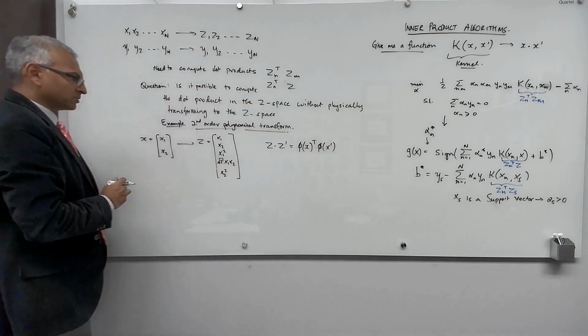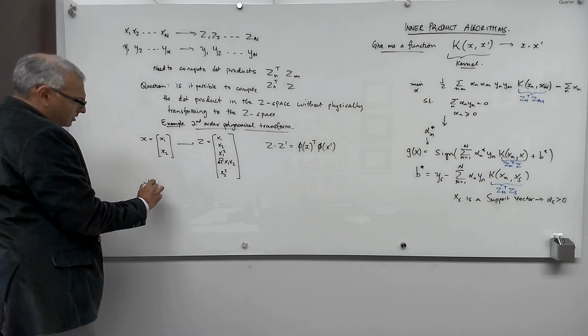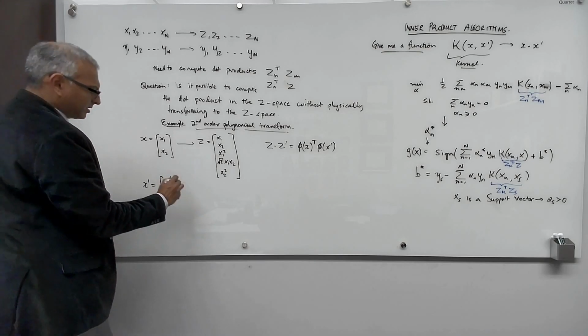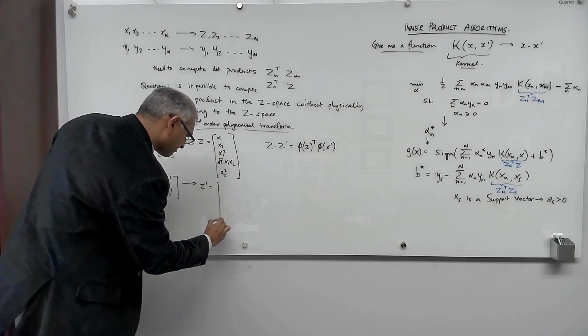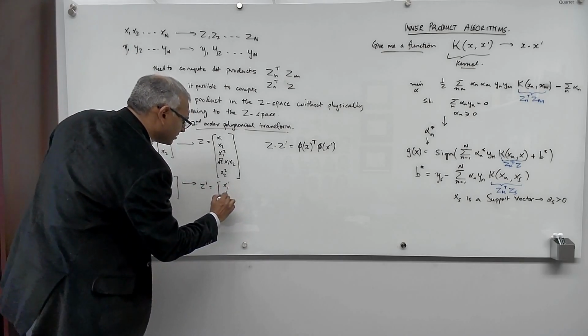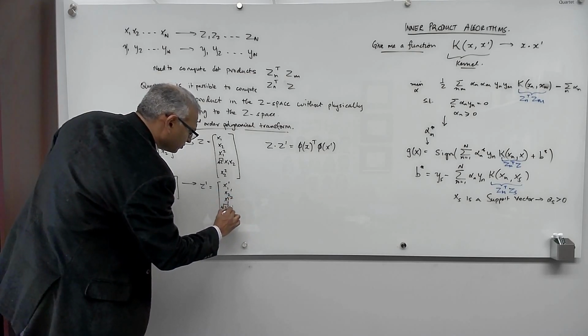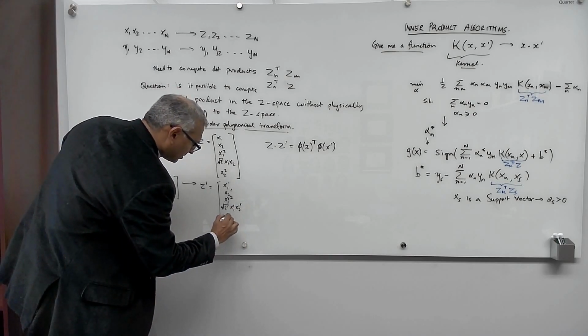So let's look at a second data point, x prime, which is x1 prime, x2 prime. Okay, so this transforms to z prime, which is x1 prime, x2 prime, x1 prime squared, square root of 2 x1 prime x2 prime, and then x2 prime squared.